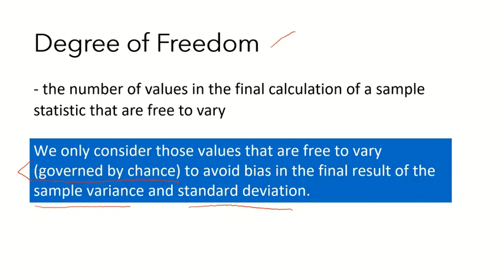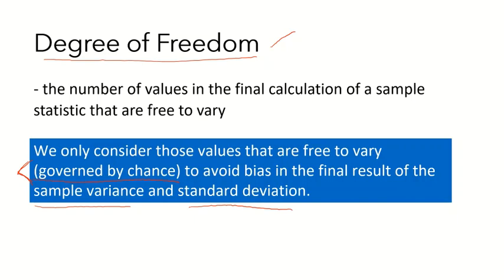And when we do sampling, the degree of freedom is always 1 less than your number of samples. Again, if you did 30 samples, your degree of freedom will be 29. So, in the next 2 slides, we will see why we need to subtract 1 in order to get the degree of freedom.